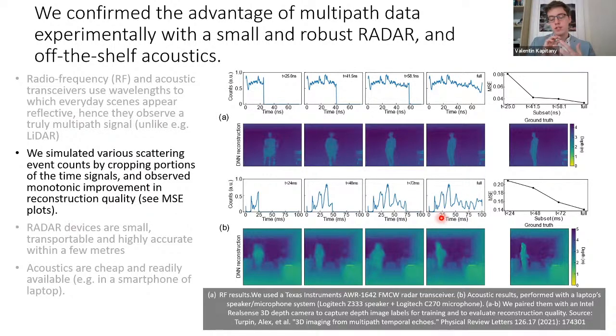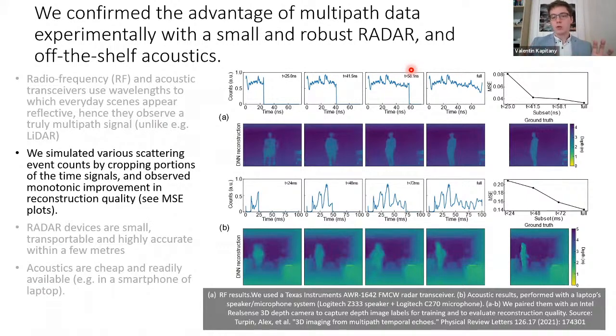If we want to simulate a one-path scattering event time signal, we would crop out the parts of the signal that correspond to a time of flight that's larger than the first reflection from the far wall and back. We can do similar things with our radar signals, and we can build up data sets corresponding to approximately various scattering event numbers.